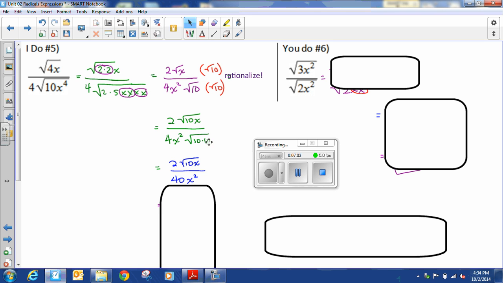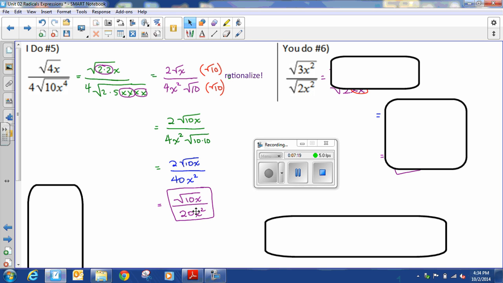It dies, and we end up with 10 times 4 is 40x squared, and the numerator remains as 2 radical 10x. Reduce the fraction, 2 over 40 is 1/20th, and our final answer is radical 10x over 20x squared.